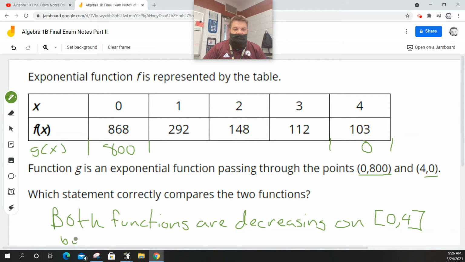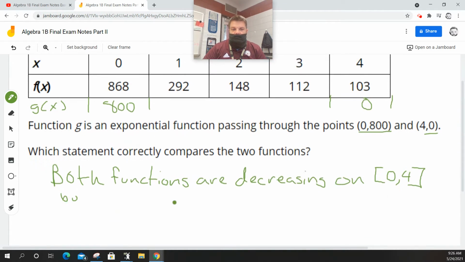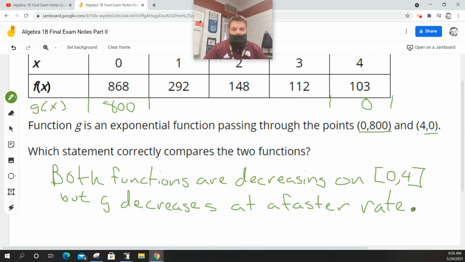But g decreases at a faster rate. How do I know that?